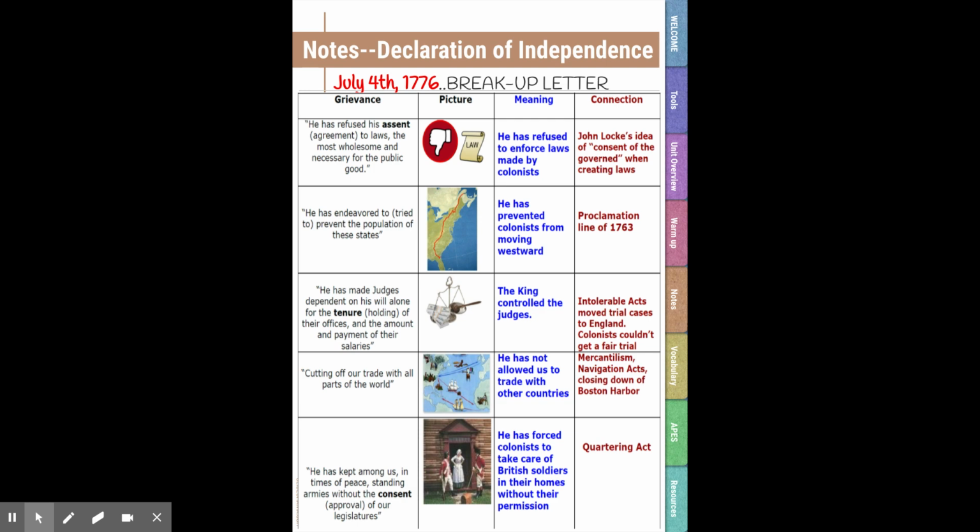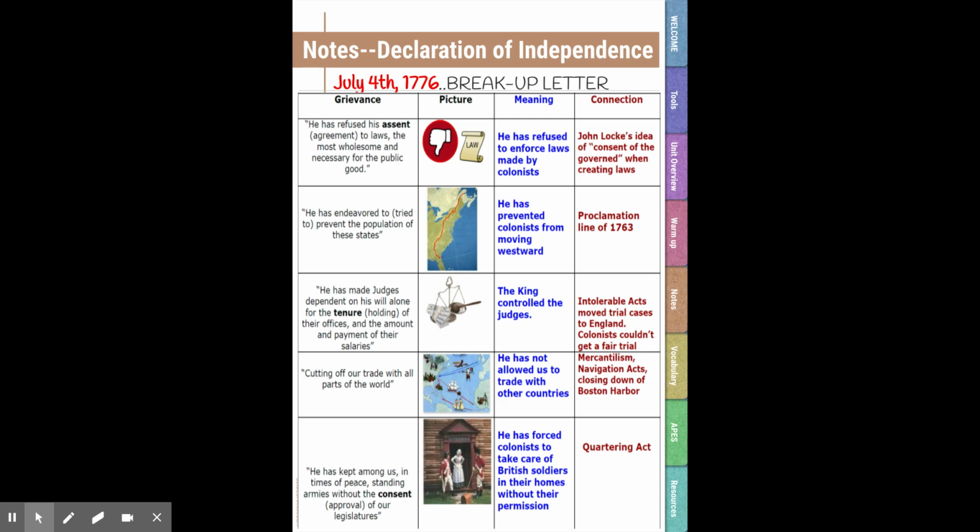He's also preventing them from moving, which prevents the population of these states, which is the Proclamation. He also holds trials for these colonists in England. So again, he controls the judges, and he is also cutting off trade, which is the Navigation Acts. And in addition, he's making us house soldiers without our consent, which is the Quartering Act.